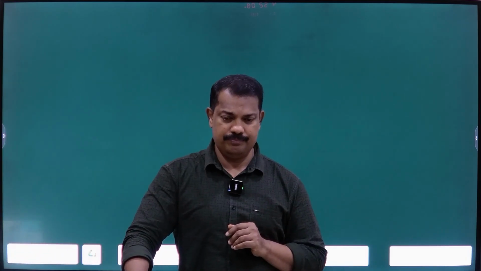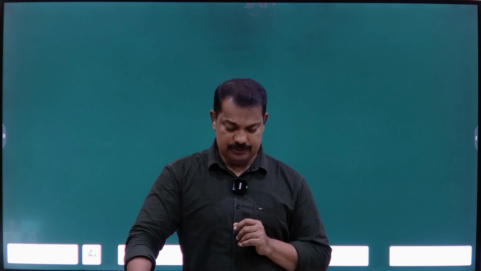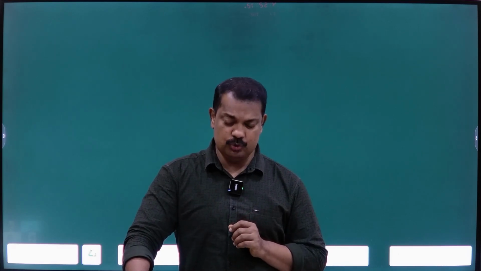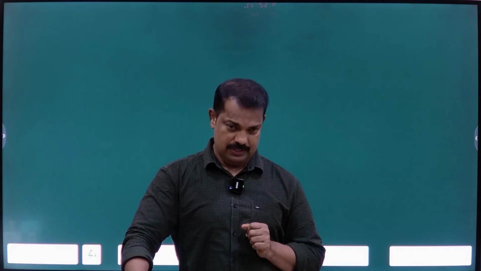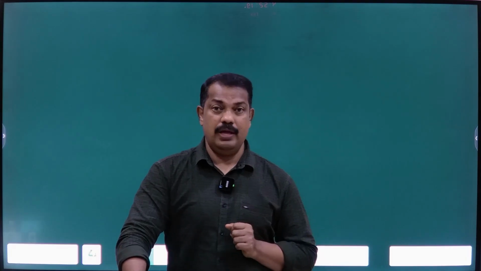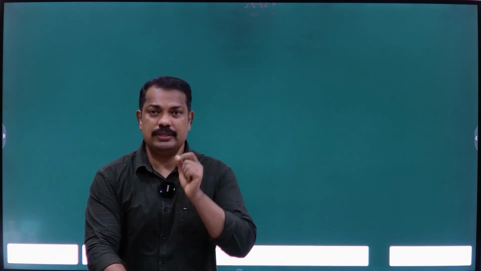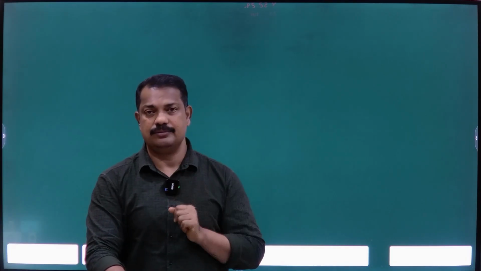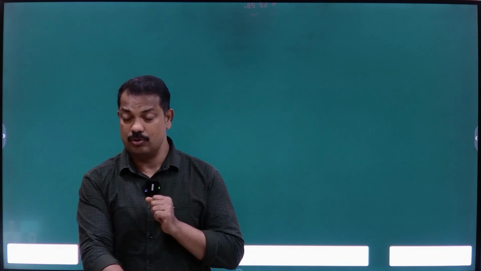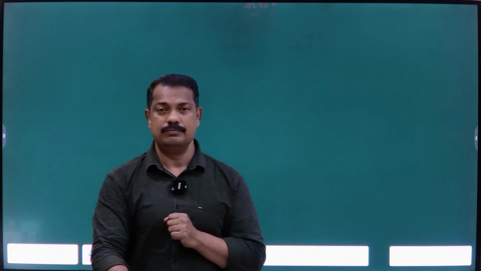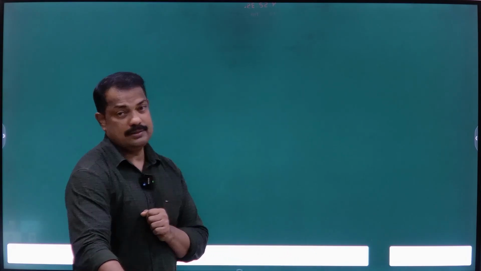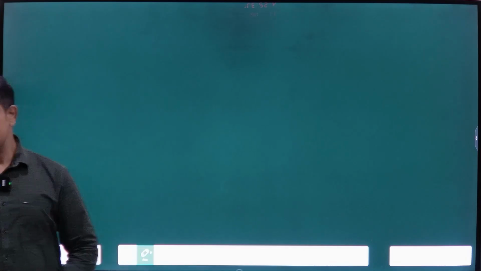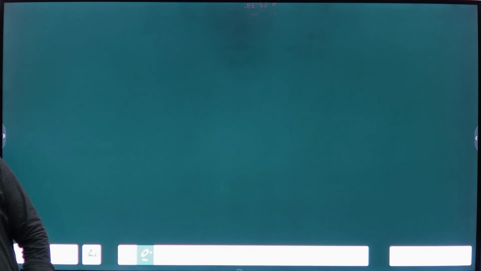Second, cobalt 60 is used in the treatment of cancer. Iodine 131 is used in the treatment of goiter. And fourth, carbon 14 is used to determine the age of fossils.